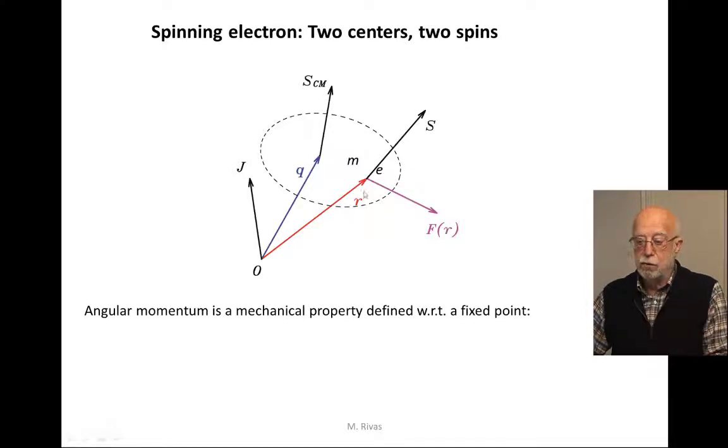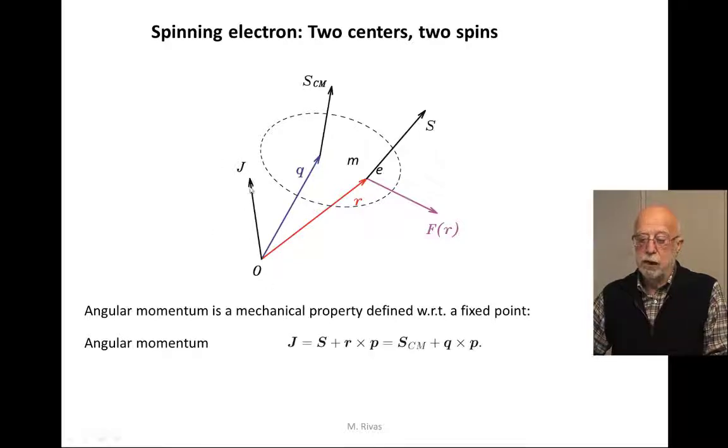And the angular momentum of the electron with respect to the center of charge, I call just S, the center of charge spin. Of course, these 3 angular momenta are not independent, and they satisfy this relation.